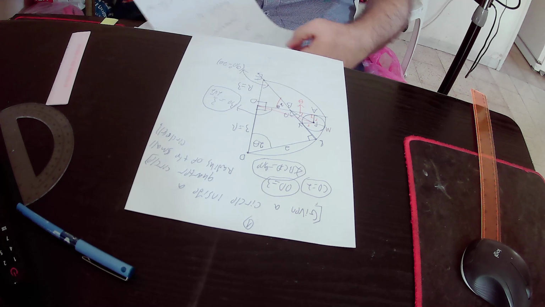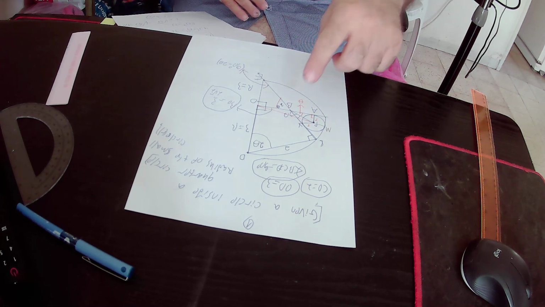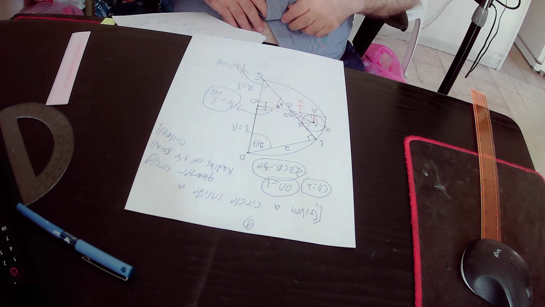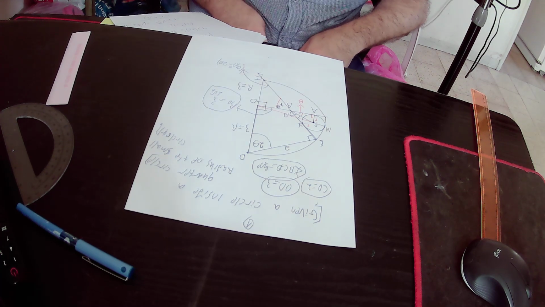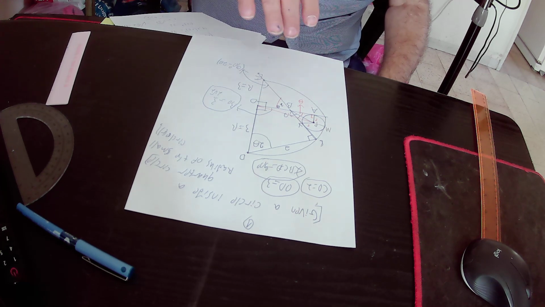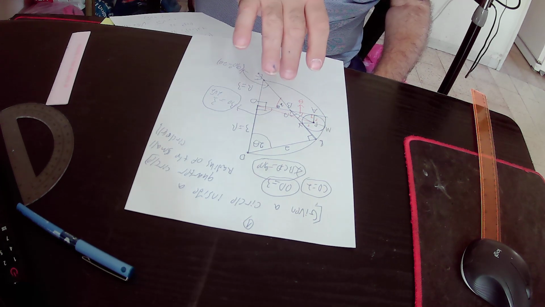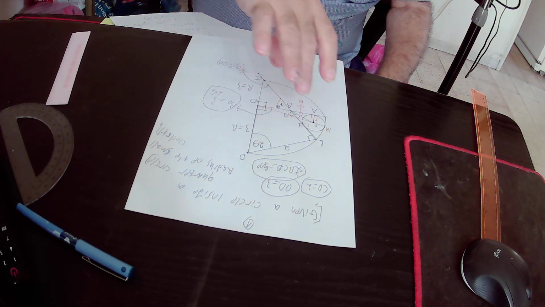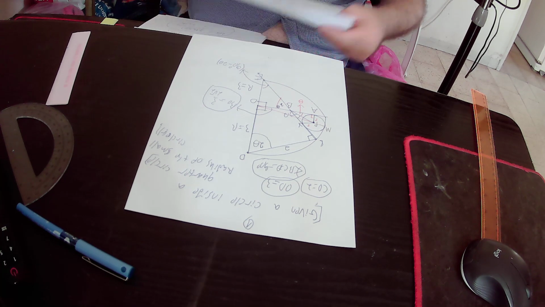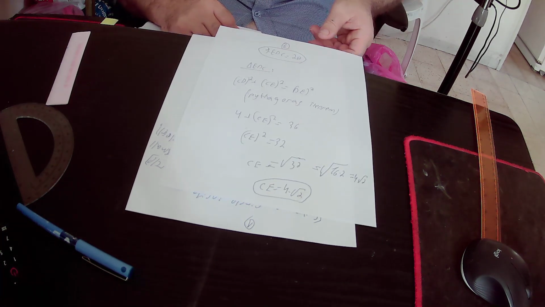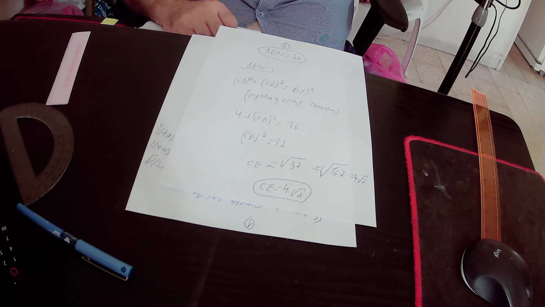Then triangle EDC is a right triangle, therefore we can implement the Pythagorean theorem that states that the square of the hypotenuse equals the sum of the squares of the other two sides. So in the right triangle EDC, CD squared plus CE squared must equal DE squared.